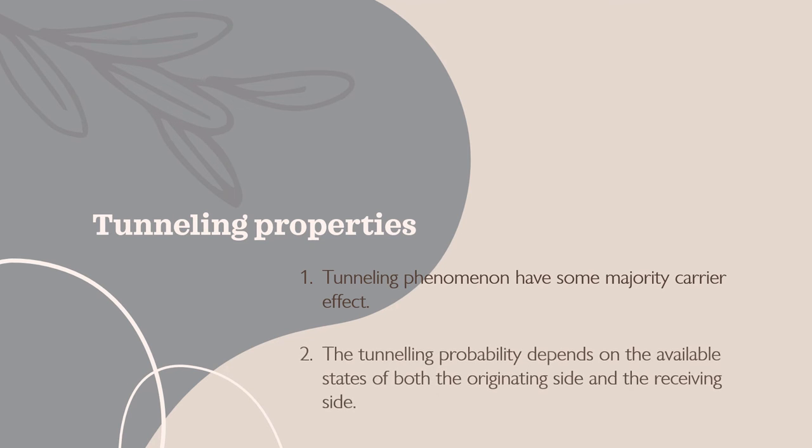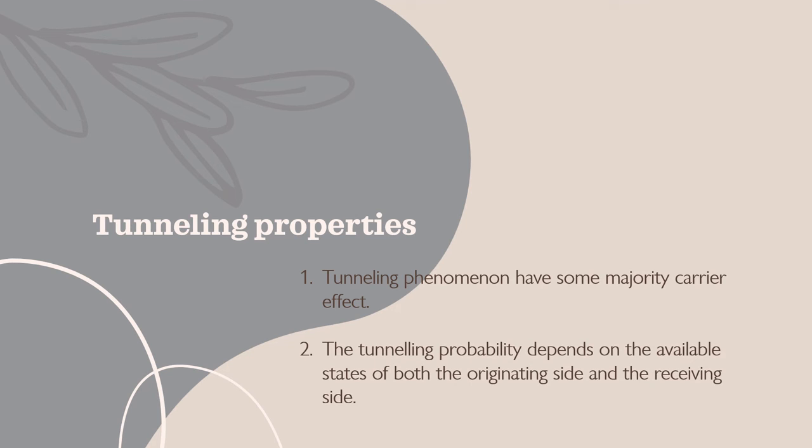The second property is that the tunneling probability depends on the available states of both the originating side and the receiving side. And the tunneling current is not monotonically dependent on the bias. So these are the two properties of quantum mechanical devices, or these two are called quantum tunneling properties.